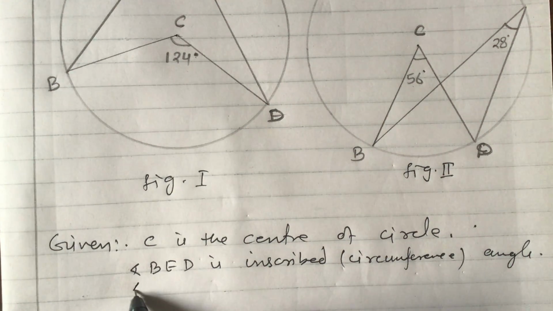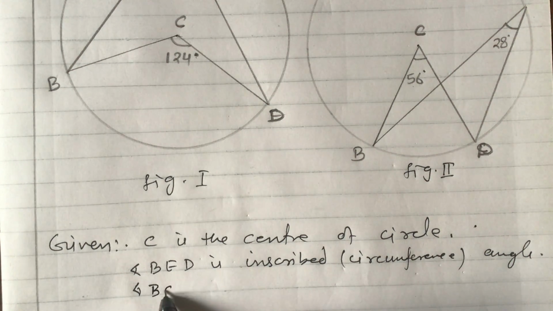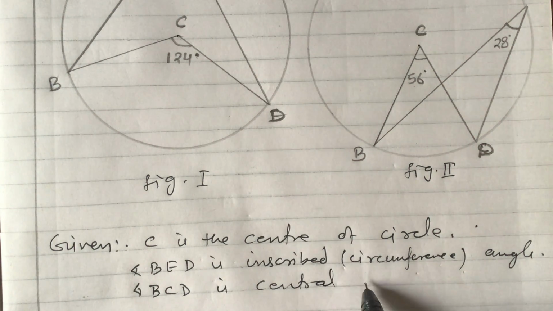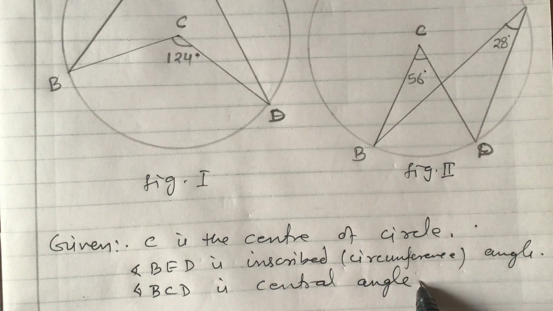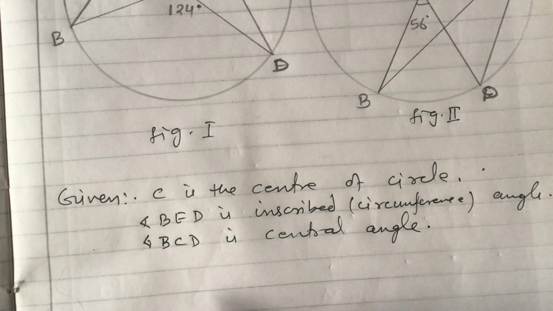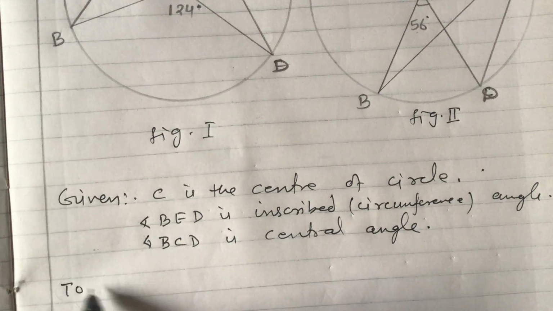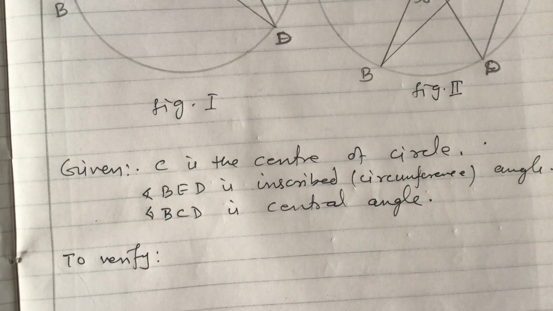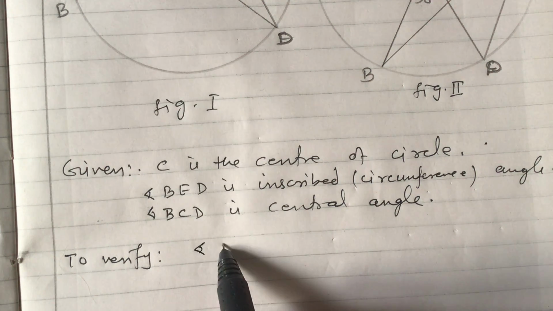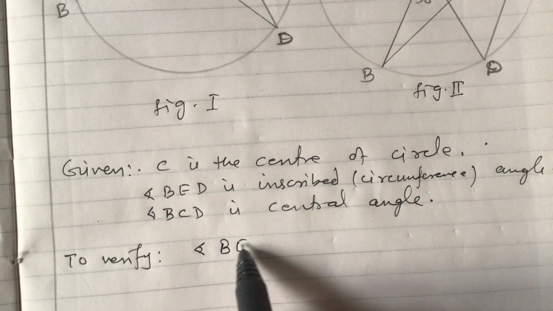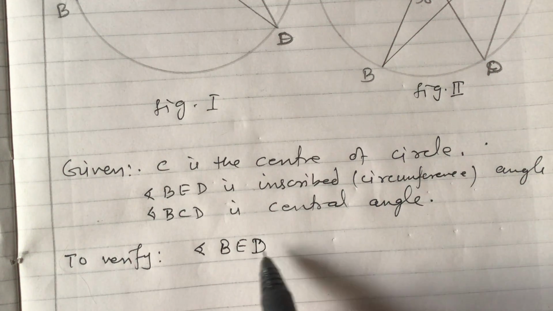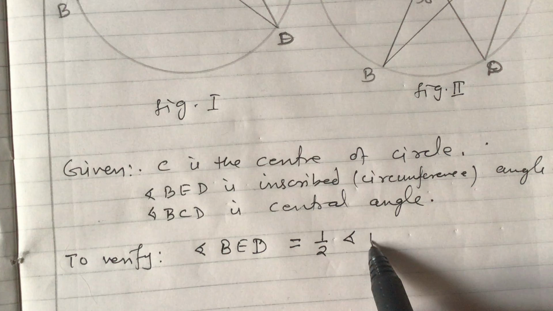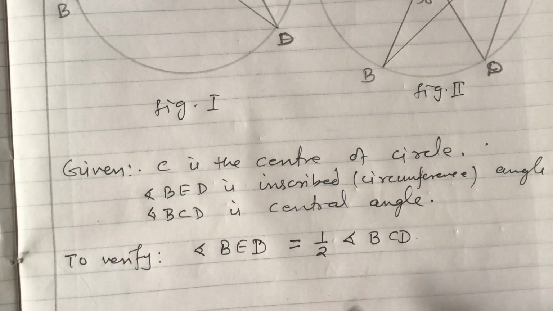And similarly angle BCD is central angle. Now to verify, we are asked to verify that angle BED, this circumference angle, is equal to half of central angle BCD. This we are asked to verify.